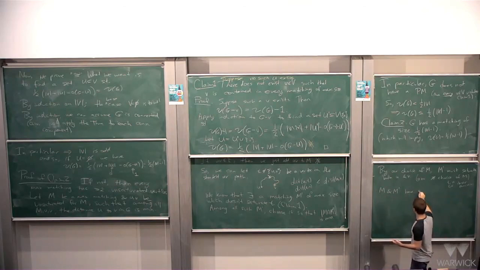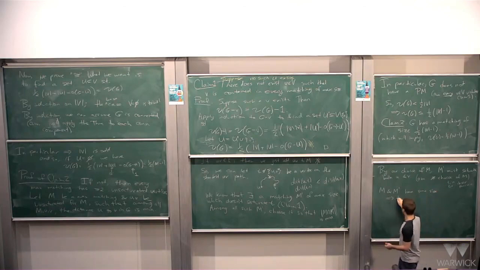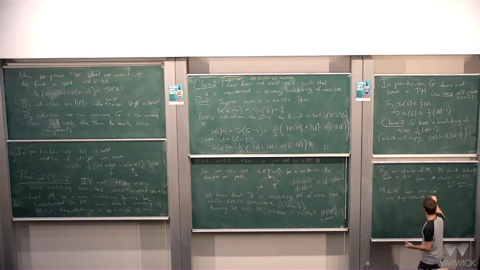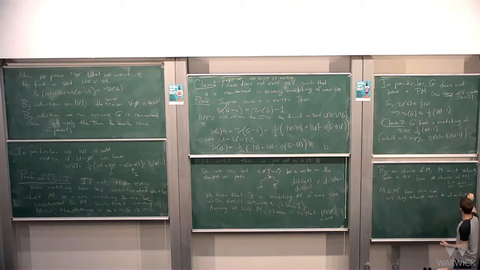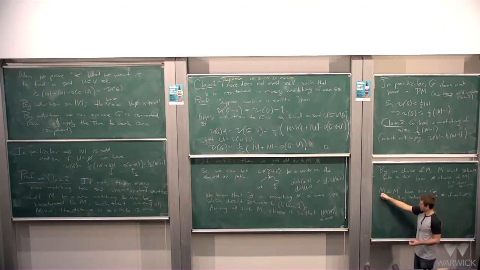Okay, now M and M prime are both matchings of the biggest possible size. So they have the same size, which implies they saturate the same number of vertices. And this one doesn't saturate U and V, and this one does.